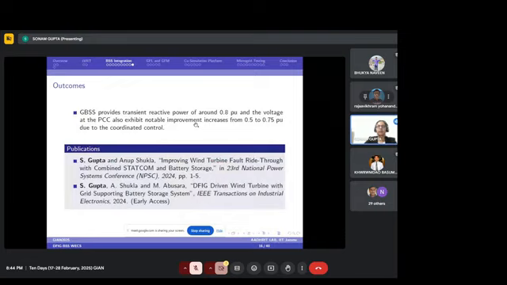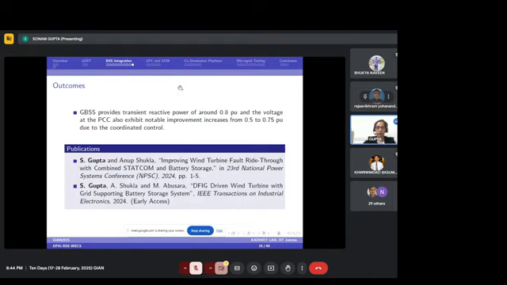So here, the main takeaway from this proposed technique is that the grid battery storage system can provide transient reactive power of around 0.8 per unit, and the voltage at the point of common coupling also exhibits notable improvement, increasing from 0.5 to 0.75 per unit due to this coordinated control technique.